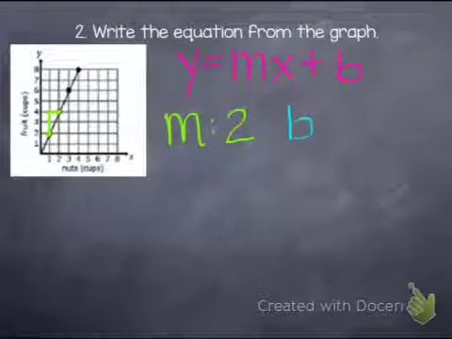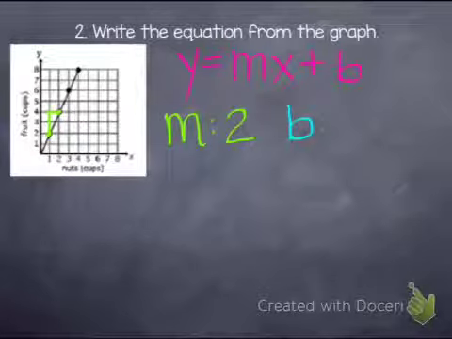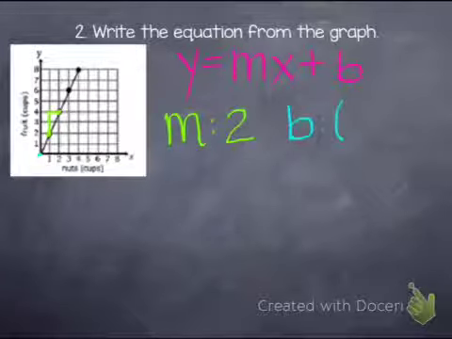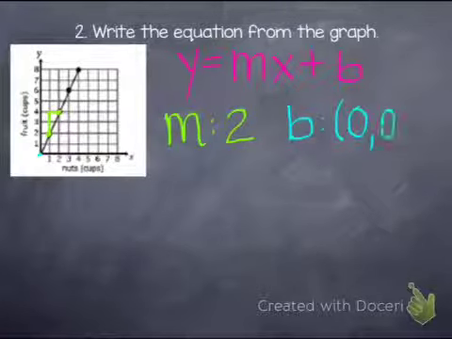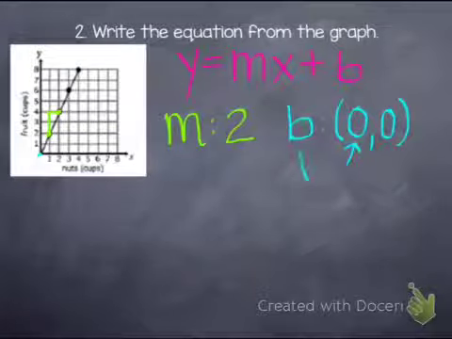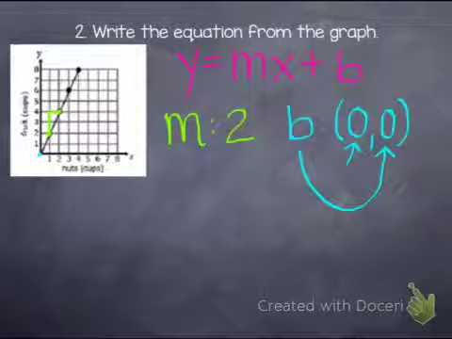Next, we need to find our b, which is our y-intercept, which is going to be the point where x is 0. So what is our value for y? As you can see from the graph, it looks like it's intersecting right at 0, 0, right at the origin. So when x is 0, our y is 0 also.